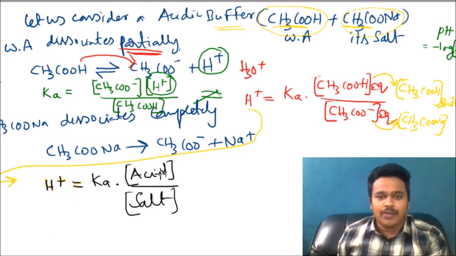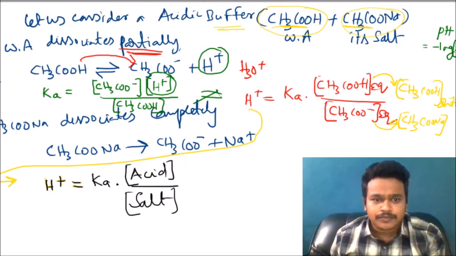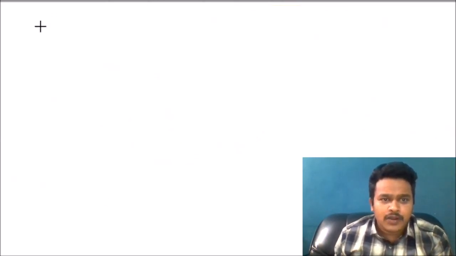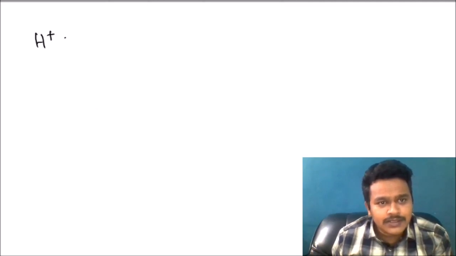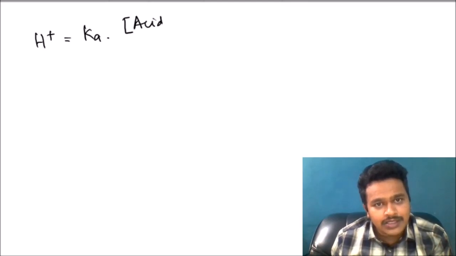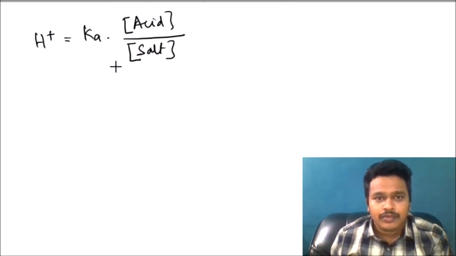Now this is the formula I got. Once I got this, on the next page I will write: H plus is nothing but Ka into the concentration of the acid by the concentration of the salt. In our example, acid means acetic acid, salt means acetate.